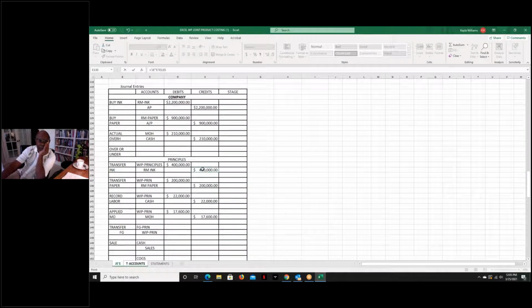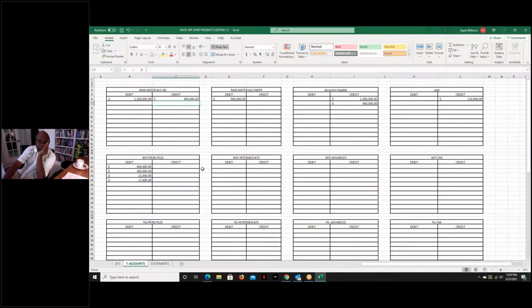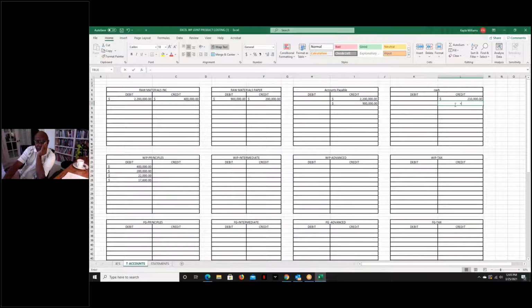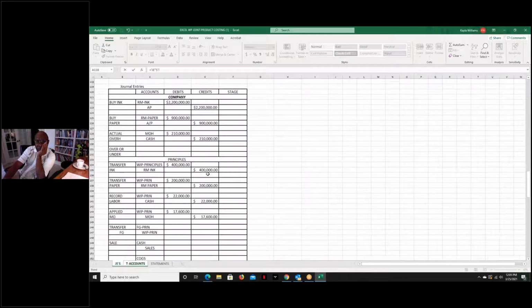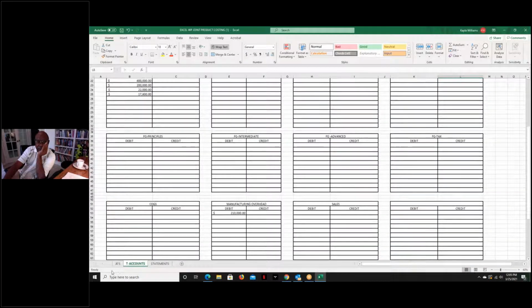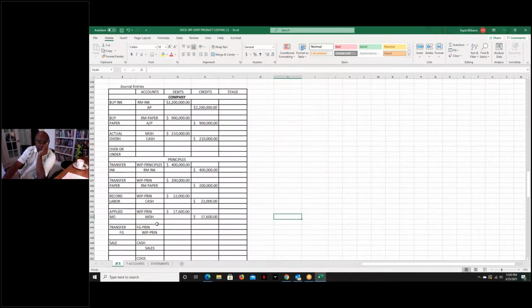You put your credits in? I'm doing that right now. Raw materials, paper. And hold on, this last one, work in process manufacturing. Okay, yeah, because we're doing it for separate principles. Okay, that makes sense.